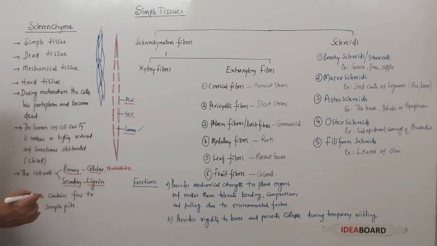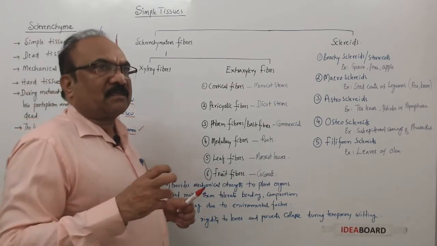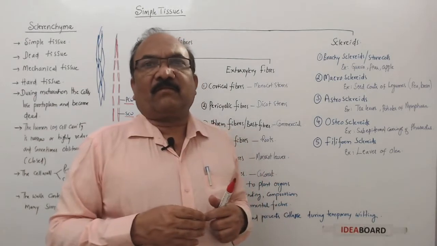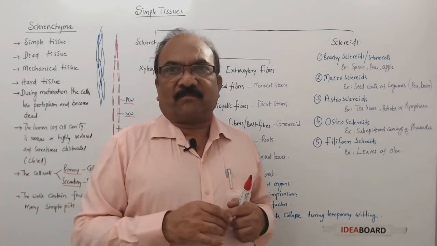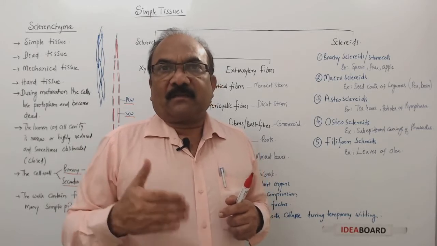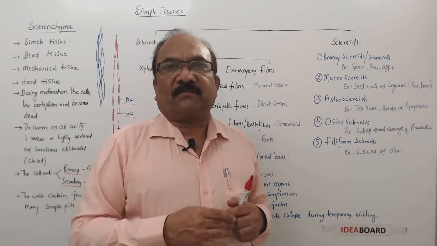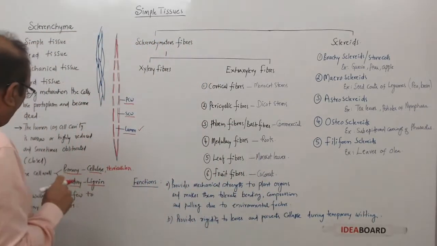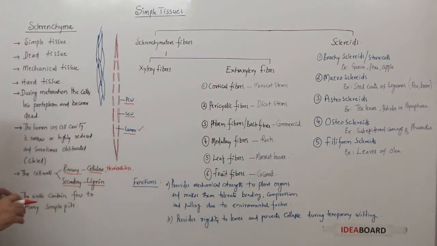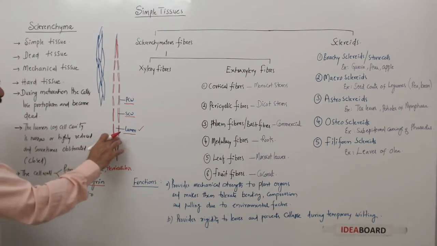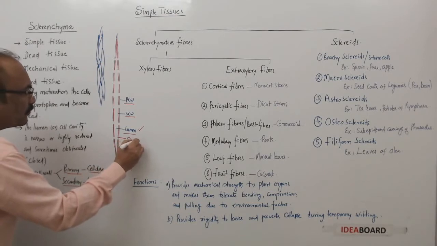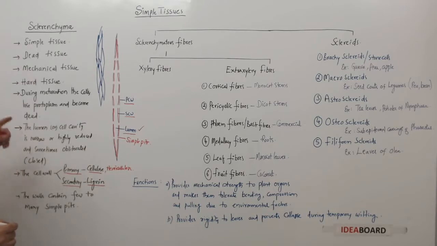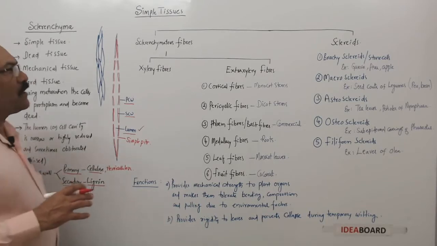Whenever the cells have lignin material, their walls are described as lignified walls, and the process is called lignification. And you can see that you find these pits. Simple pits will be there.